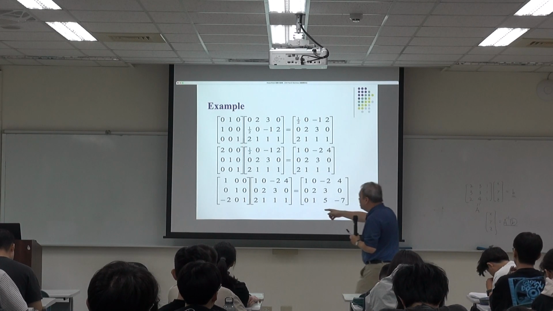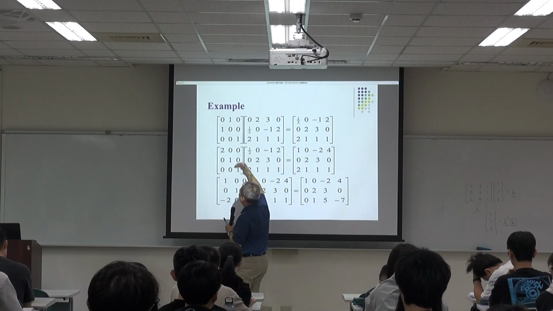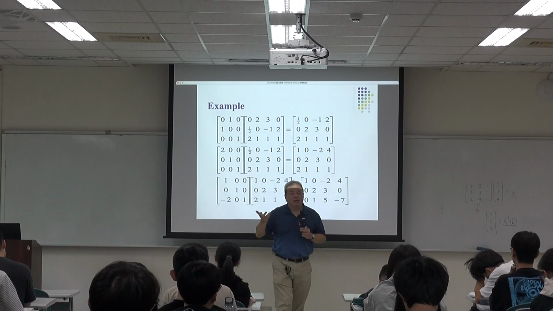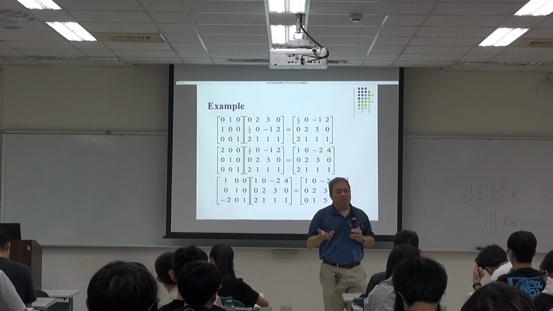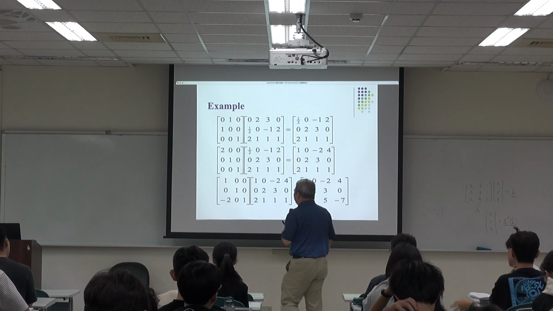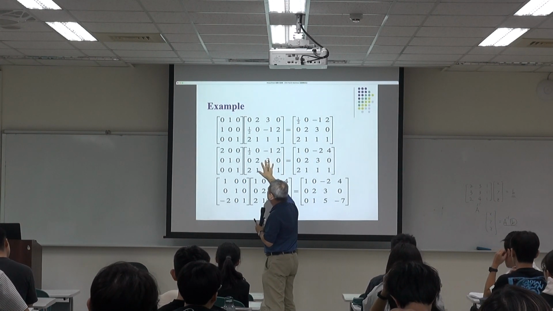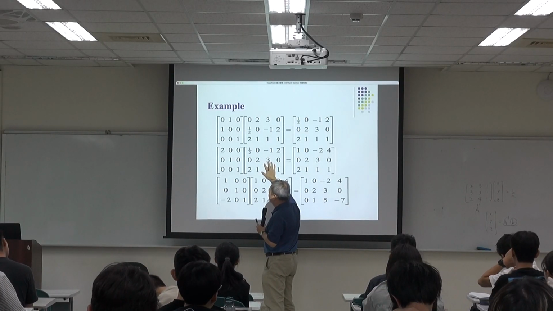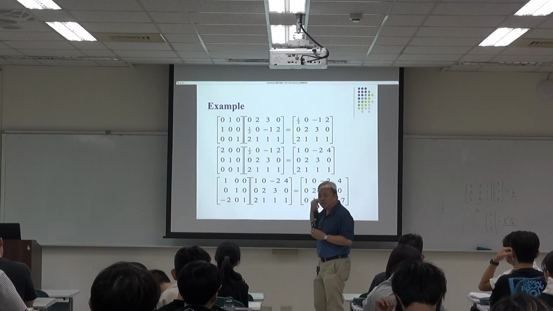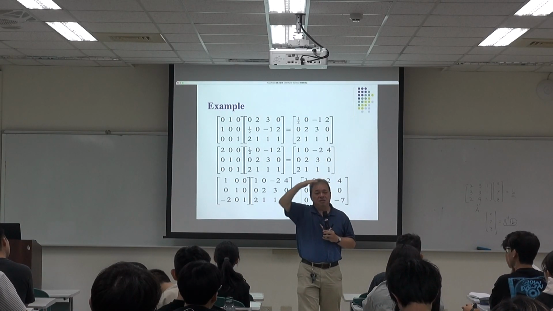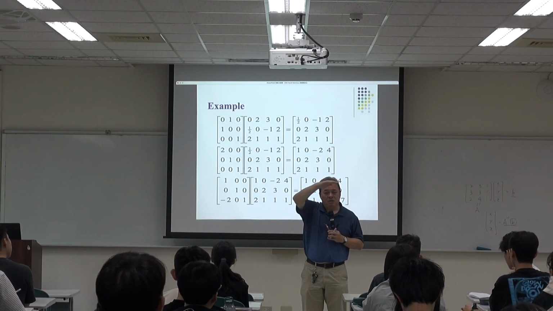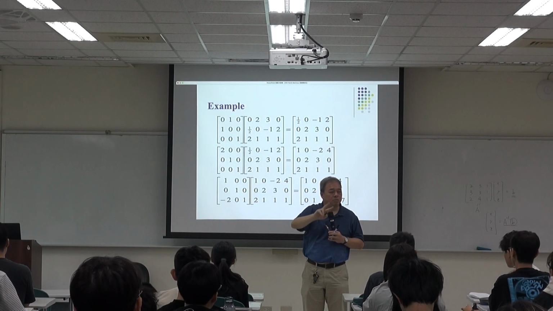So how about the second one? The second one is you multiply the first row by 2, right? This is again one of the elementary row operations. And if you multiply this elementary matrix with an arbitrary matrix, the resulting matrix is you performing the elementary row operation on the first row. You multiply the first row by 2.